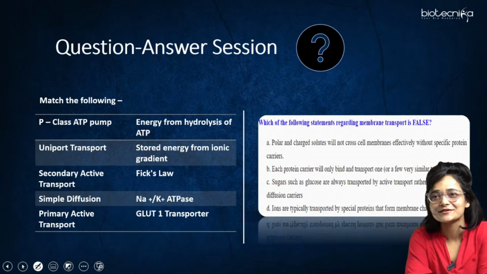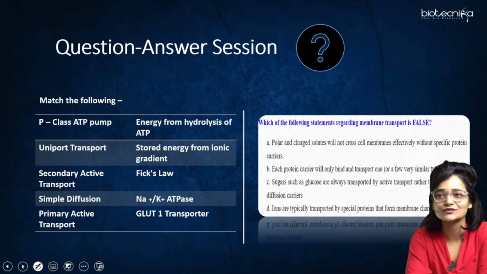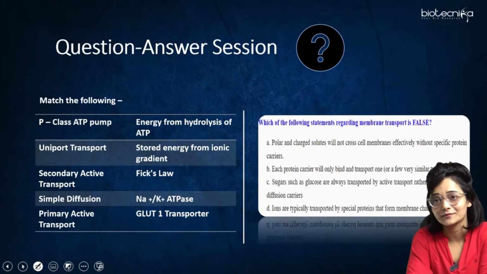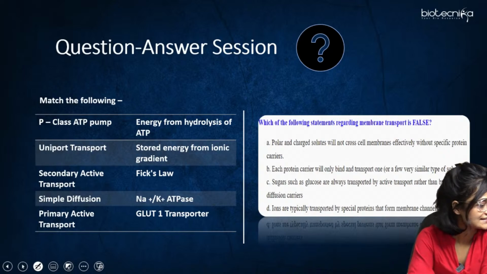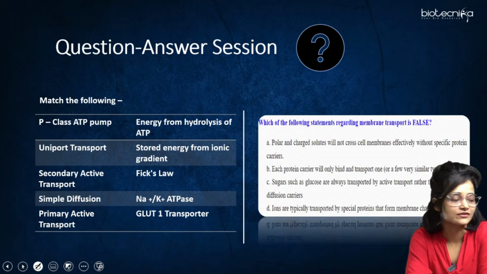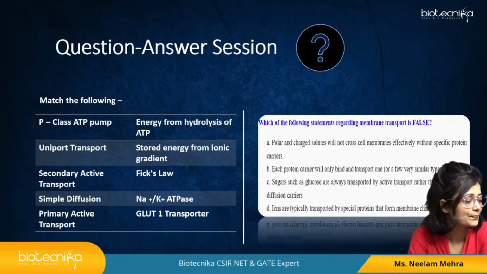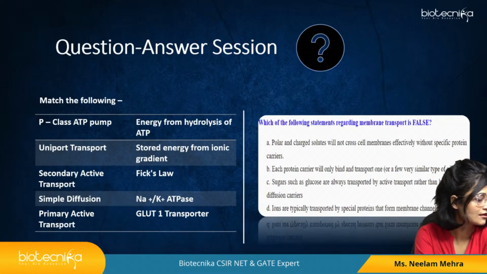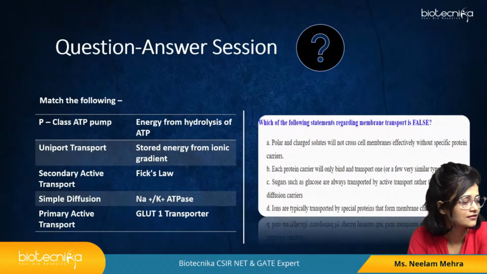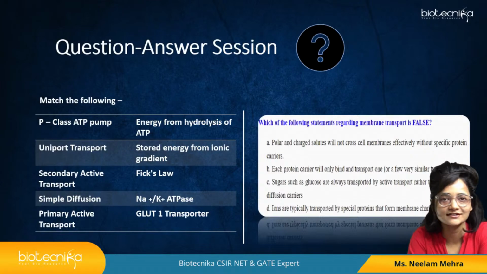The CSIR paper is set according to current events that are taking place. Sometimes they give such questions, and at that time you can attempt and give the answers. These were the 2 questions that were given. How many of you have tried solving these questions? Did anybody try it?